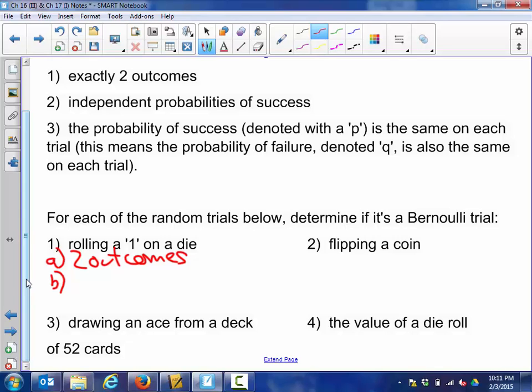Whether or not it comes up a 1 or a non-1, which would be 2 through 6, doesn't affect future rolls. So the independent probabilities hold. And then the last thing that has to be met is that the probability of success is a constant. Well, P is equal to 1/6 here, because it's one of the 6 sides of the die. Q would be equal to the complement, or 5/6. So sure, this is a Bernoulli trial.